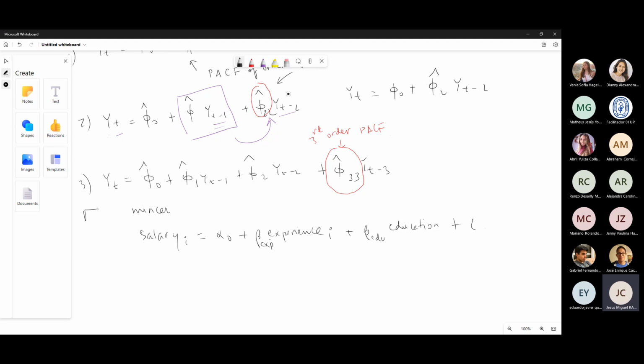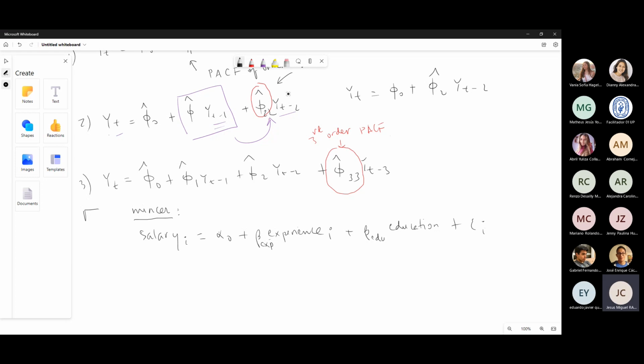For example, if I just run this regression, someone can tell me, okay, but maybe you are forgetting to put some other drivers like the gender of the people, because we have seen throughout history that there is a gap between the salary of men and females, right?